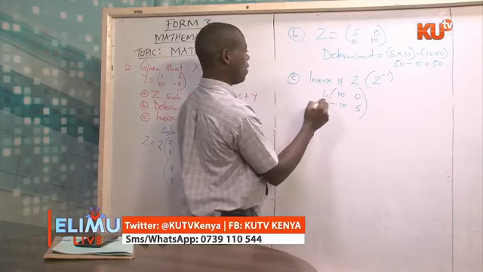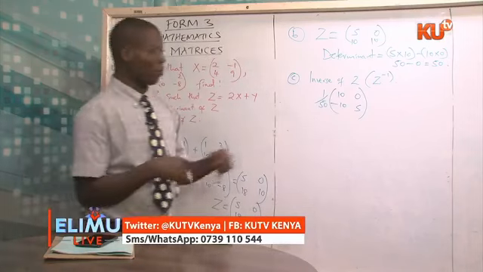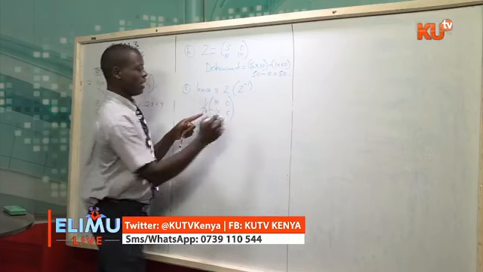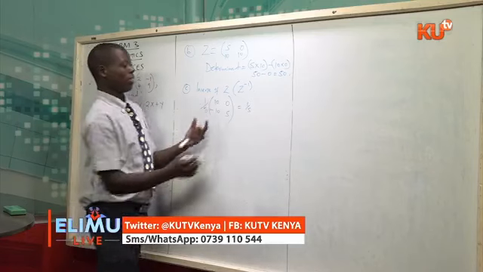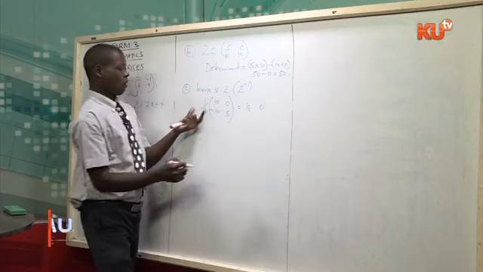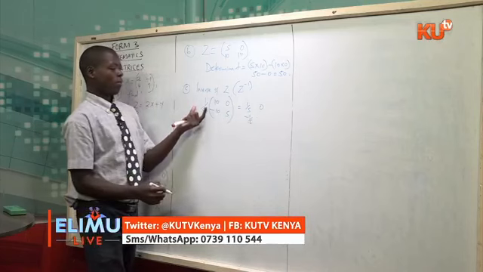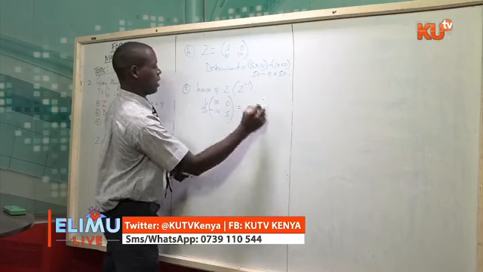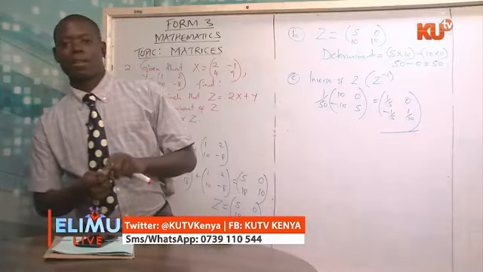And then we multiply by 1 over 50, which is our determinant. We expand, therefore. 1 over 50 by 10 gives us 1 over 5. 1 over 50 by 0 is 0. 1 over 50 by negative 10, negative 1 over 5. And 1 over 5 by 5 is 1 over 10. That is our inverse.